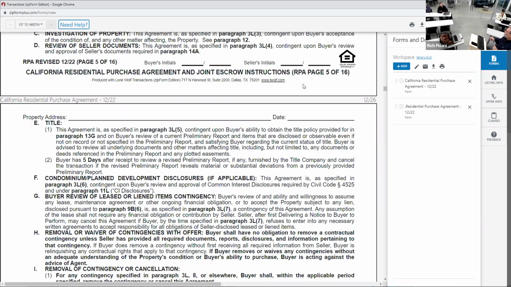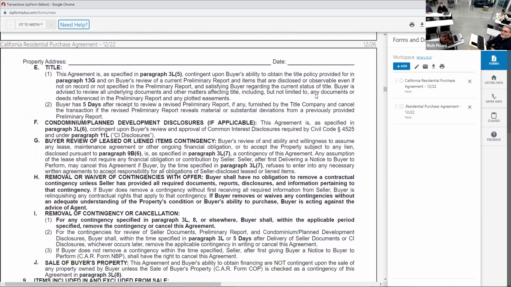Always refer them to your title rep. You don't want to be the person giving this information, because in case there is something wrong, they don't point the finger at you, they point the finger at somebody else. And that's what title's job is.